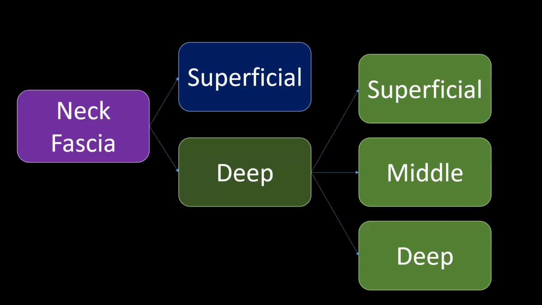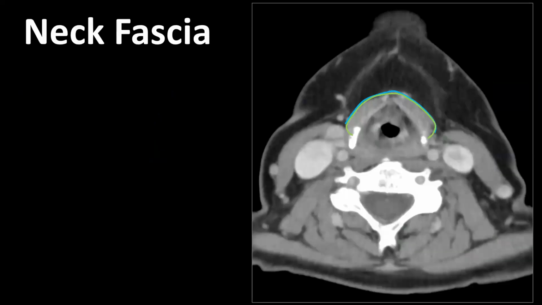So when I speak in this presentation about the superficial layer, the middle layer, the deep layer, I will always be speaking about these layers of the deep cervical fascia. The deep cervical fascia are important for head and neck anatomy, while the superficial fascia is not. Okay, let's now illustrate the location of the neck fascia.